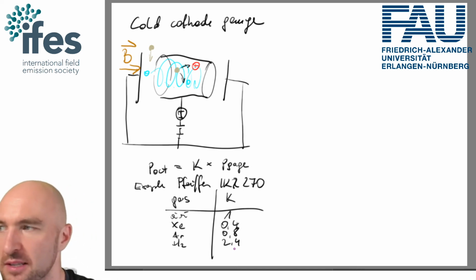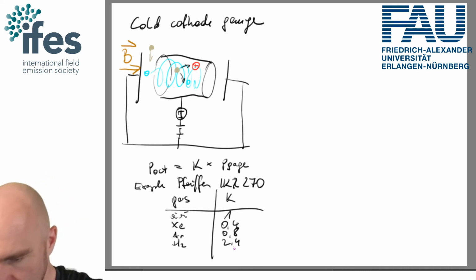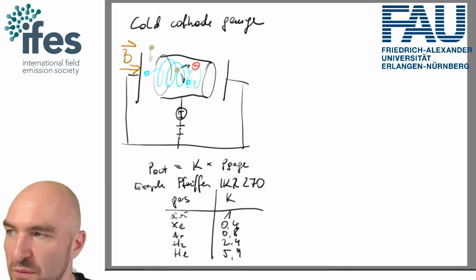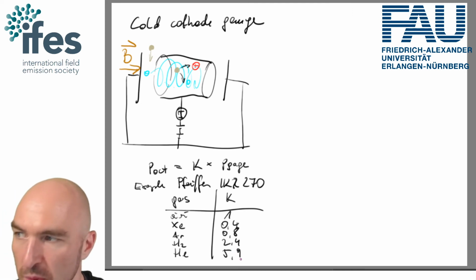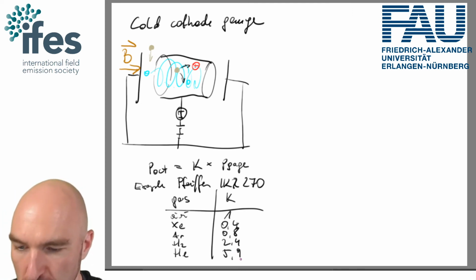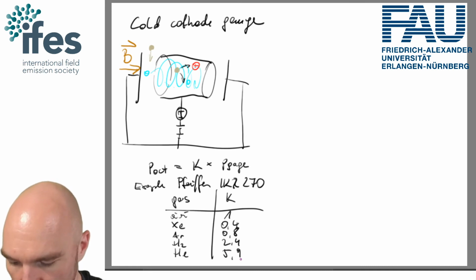So we are missing hydrogen, and if you have something with a relatively high ionization potential like helium, it will even be 5.9. This might be important if you're doing FIM and trying to measure the gas pressure. You need to be aware that there's a factor of almost 6 between the gauge reading and the actual pressure.